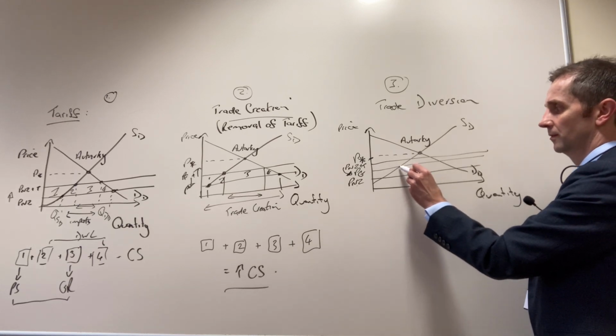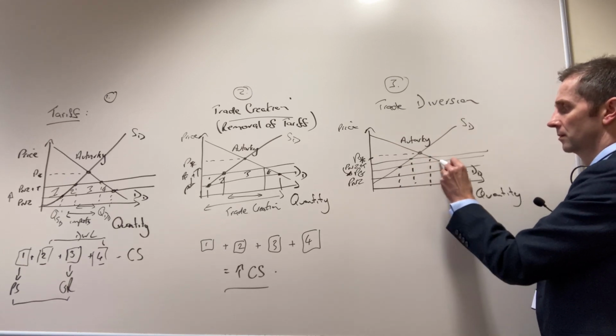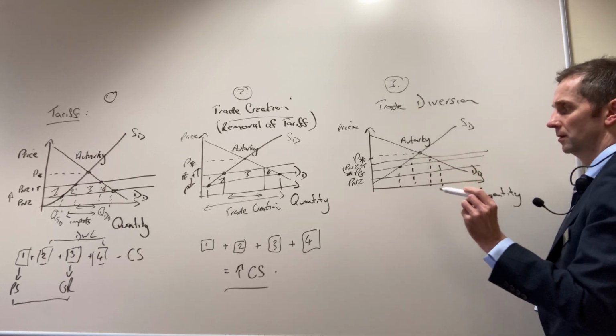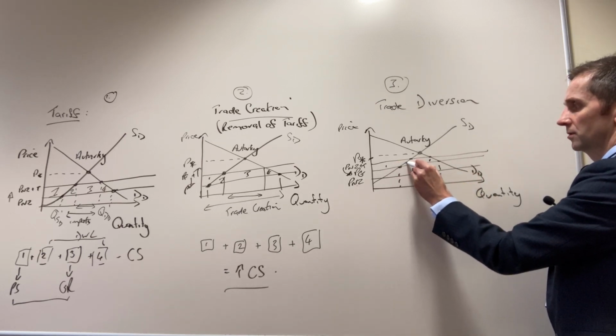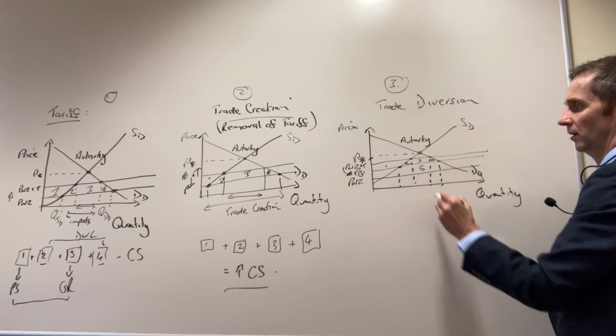Well, the areas on the domestic diagram: 1, 2, 3, 4, and 5.